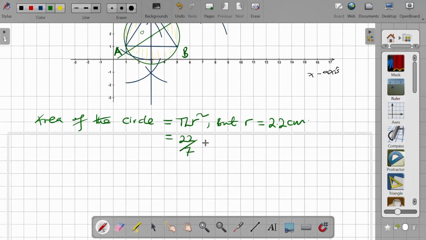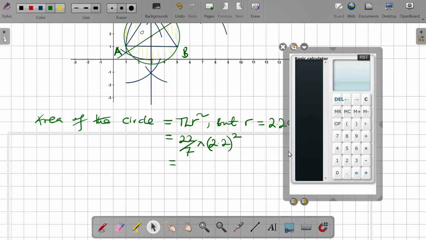So we can go ahead and determine area equal to 22/7 multiplied by our r, which is 2.2, squared. So we can have our calculator here. We are having 22 times, open the brackets, 2.2 times 2.2, I close the brackets, giving me 106.48.